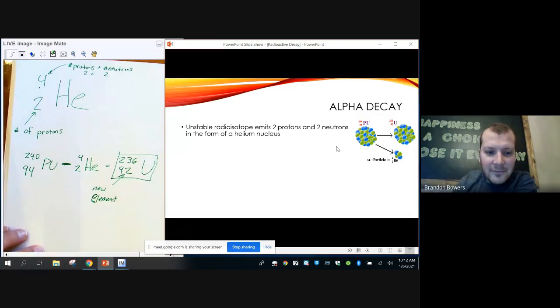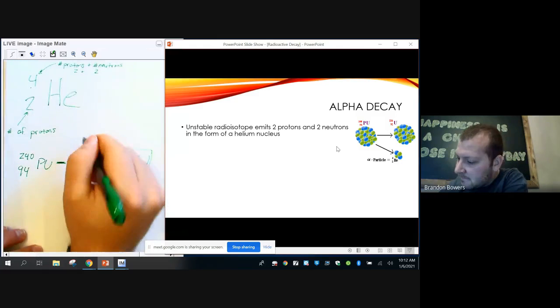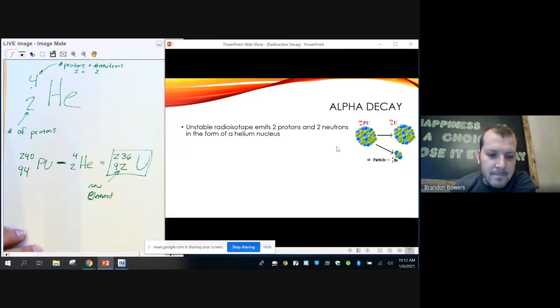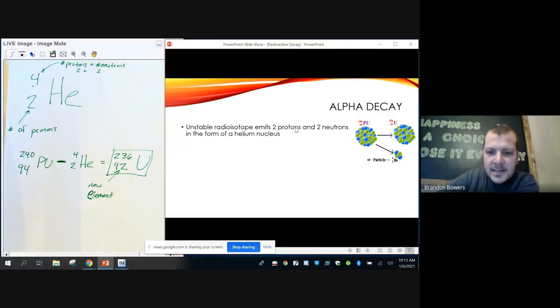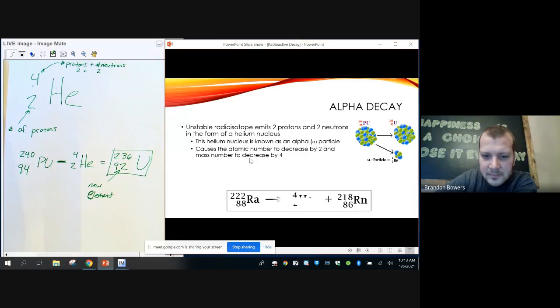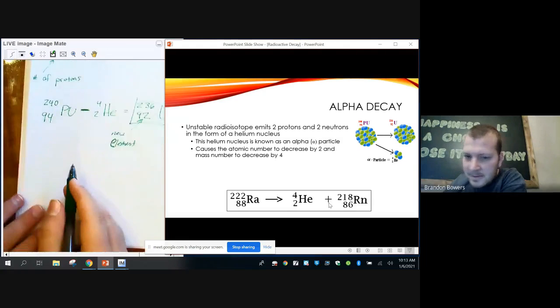So that's an alpha particle. That's alpha. Here's another example. It's plus on the other side, but let's walk through it.